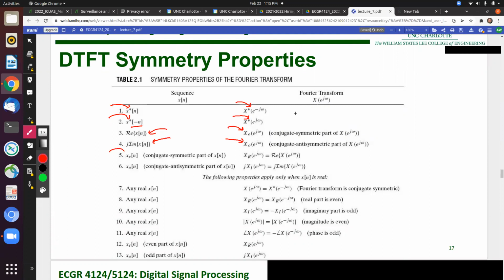If you have the even part of a conjugate symmetric function, the Fourier transform of that is purely real. So if I were to convert that to English, what is that saying? In most cases, if you have a real and even function, then you have a real valued Fourier transform. There's no complex values there.